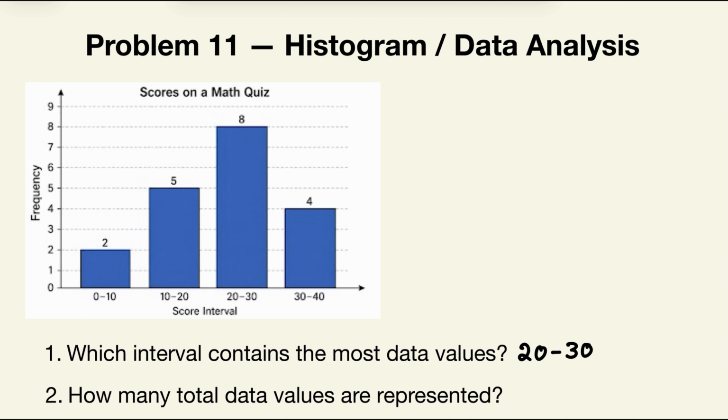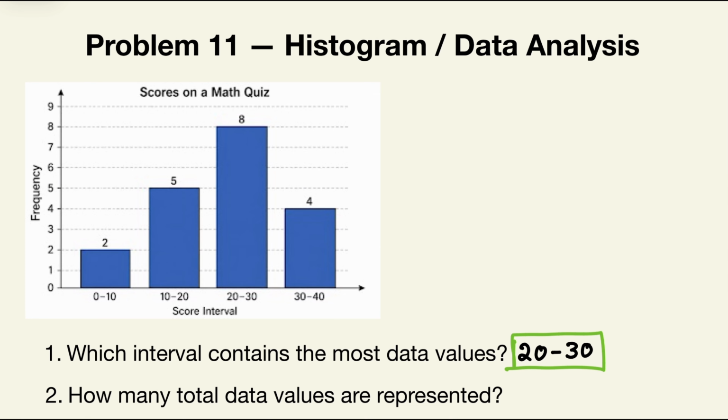And let's go ahead and answer the second question. And the question asks, how many total data values are represented? So this is where we add 2 plus 5 plus 8 plus 4.